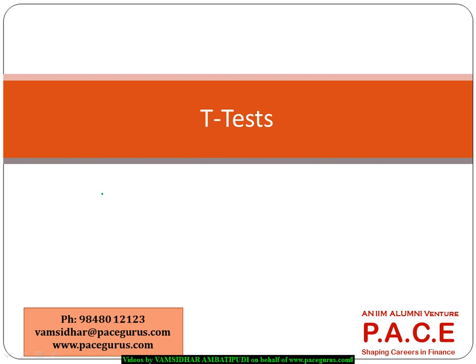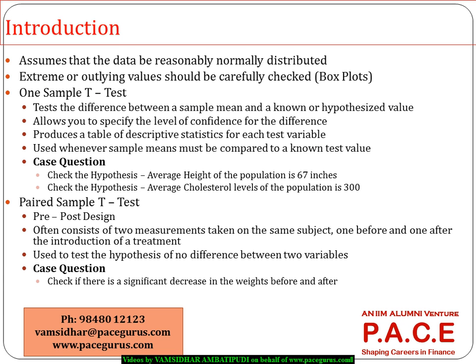We'll use a couple of examples in our case study, which will make things clearer for you. Whenever we are doing some kind of t-test, there is an assumption that the data is normally distributed.